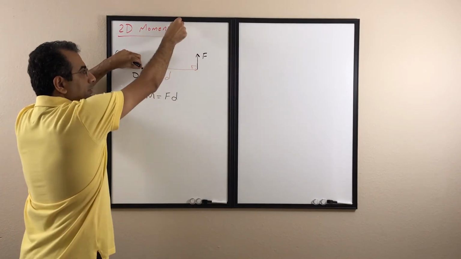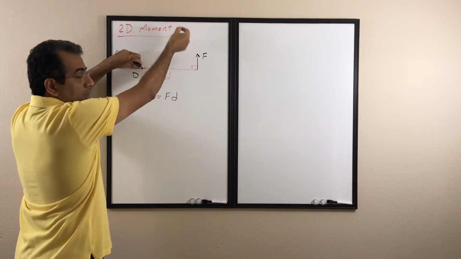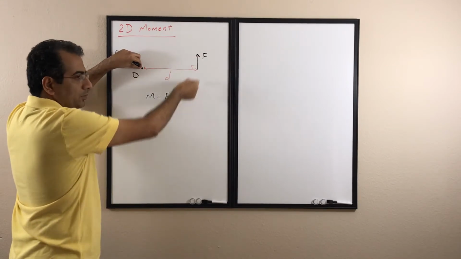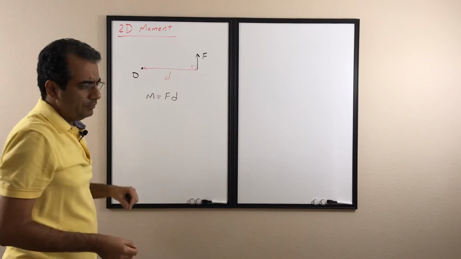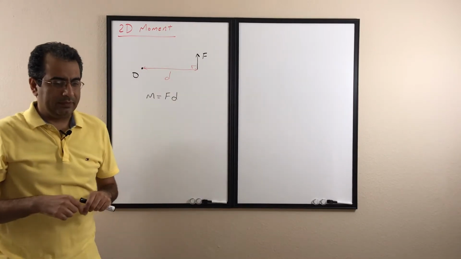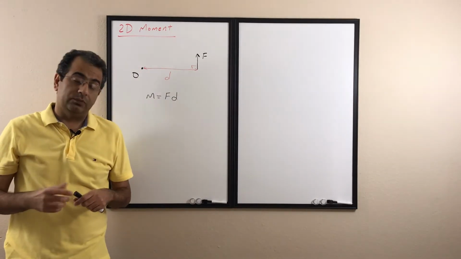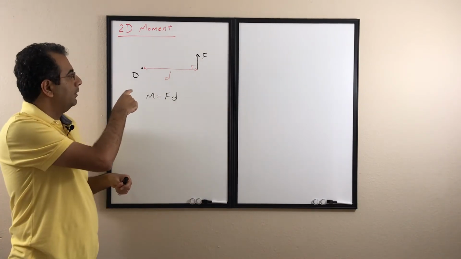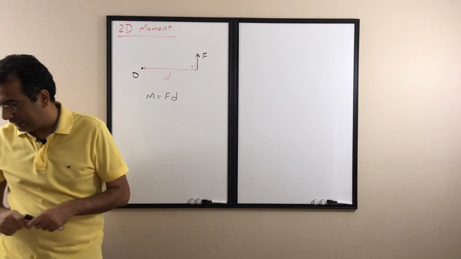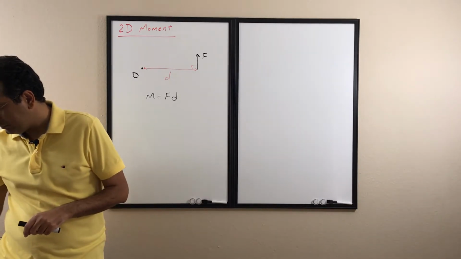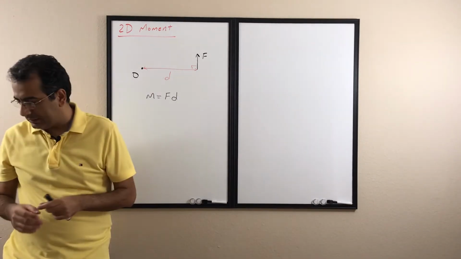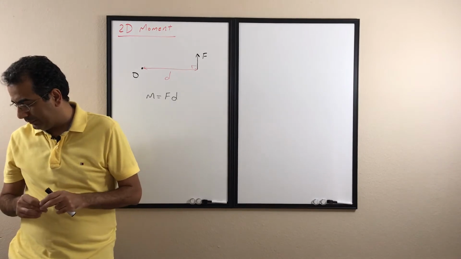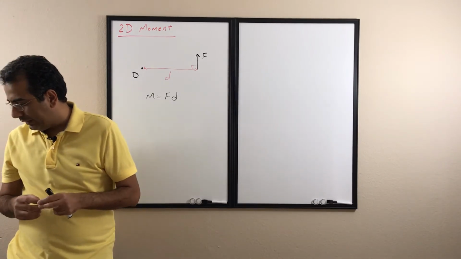Is it going to bring it up, counterclockwise, or bring it down, clockwise? Most of the time, if you do that, it gives you a good idea of which direction that moment is going to rotate about that given point. So that's the magnitude and the direction of the force that we have.